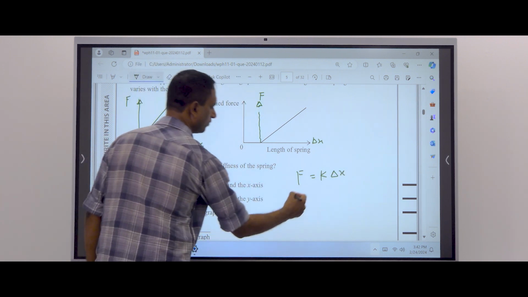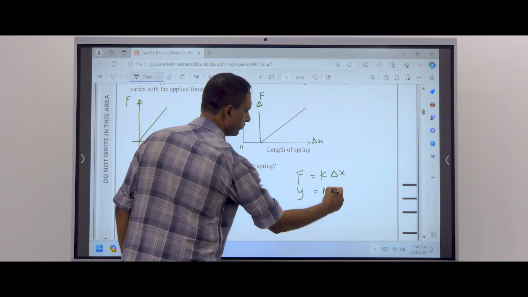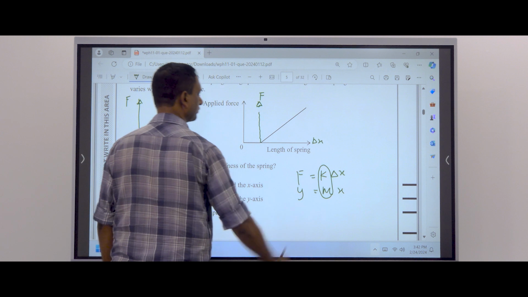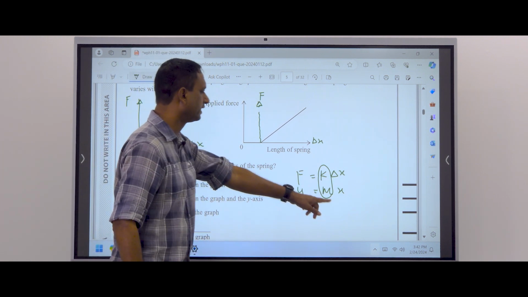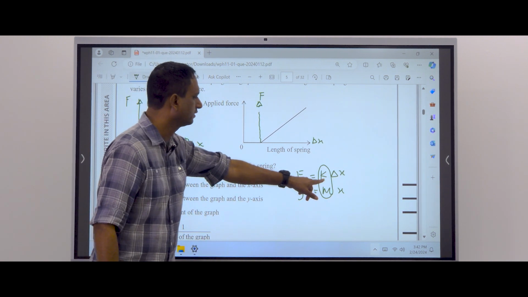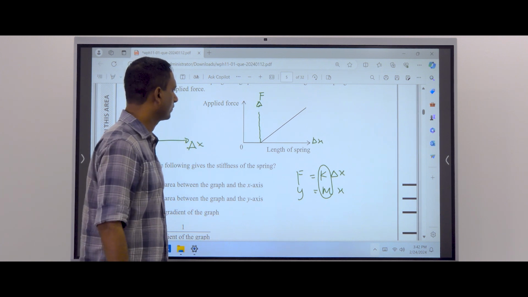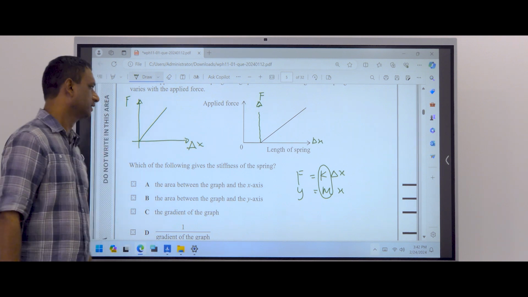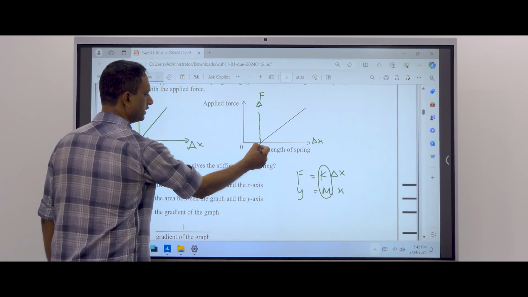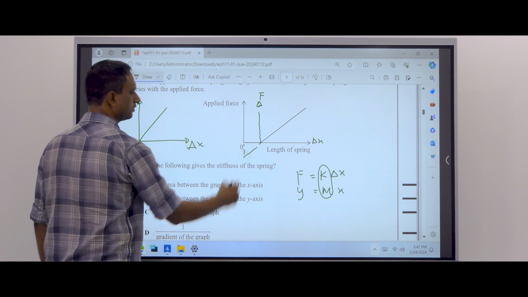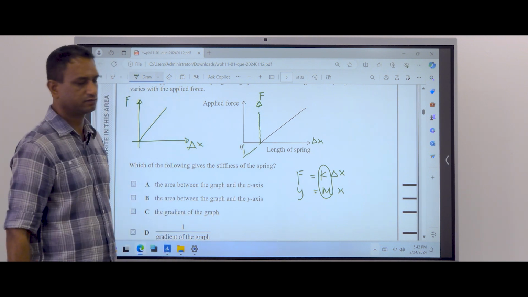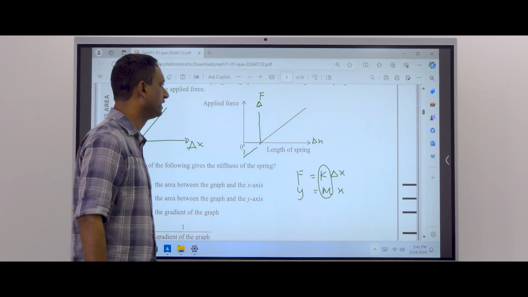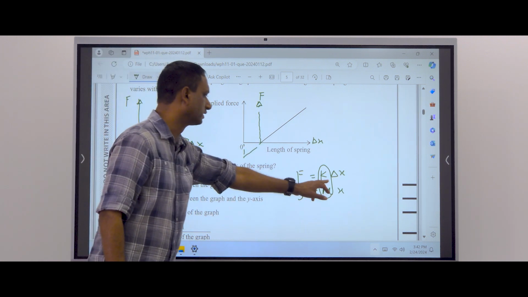The graph is in the form y equals mx, so m is the gradient, and in this graph the gradient is K. But this graph is in the form y equals mx plus c, and the intercept is negative. Anyway, the gradient is constant. The gradient doesn't change when you compare these two graphs. Gradient is the spring constant.